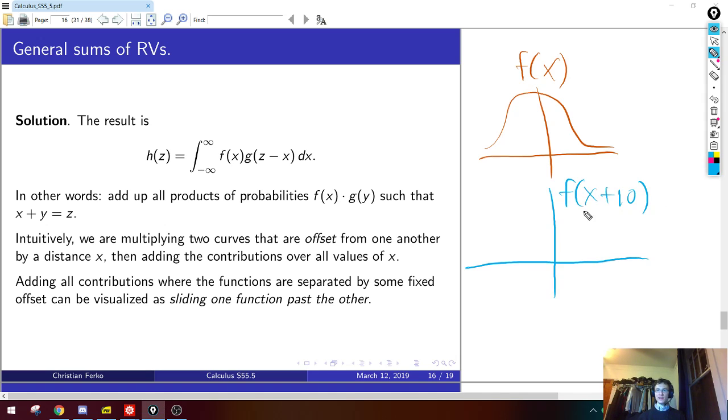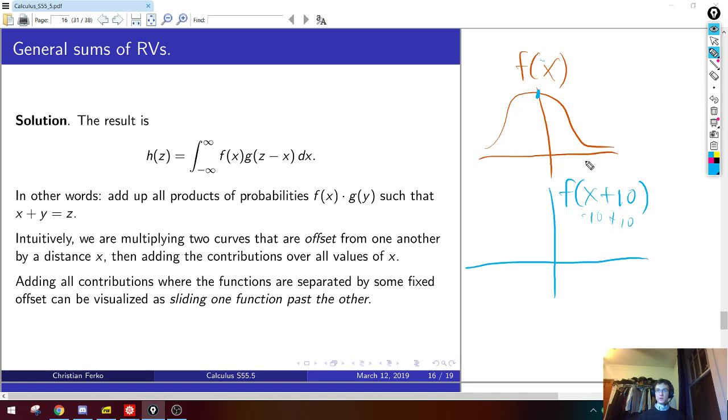If I add 10 inside the argument, well, the value that this guy output at 0 is now going to be output at minus 10, because minus 10 plus 10 equals 0. So I'd better move this guy to the left by 10 units, so that this output, which before was at 0, is now output at minus 10.